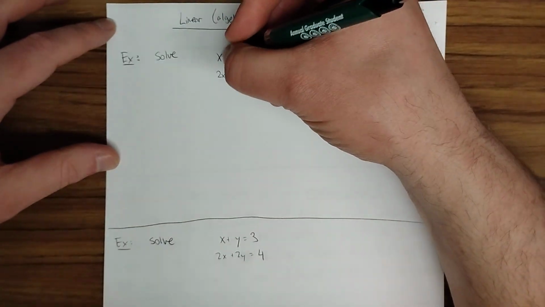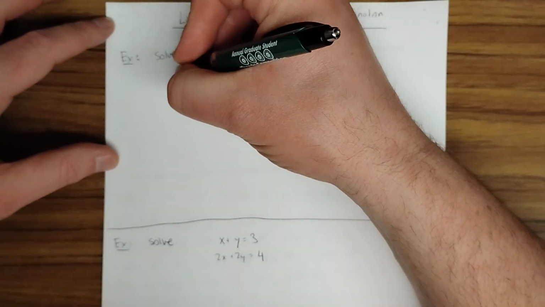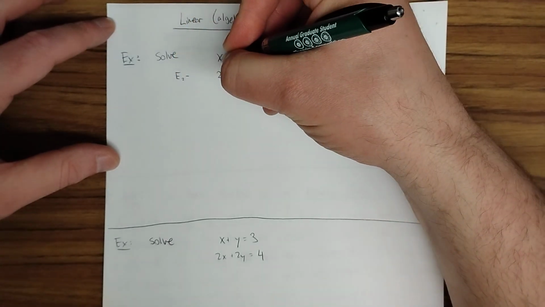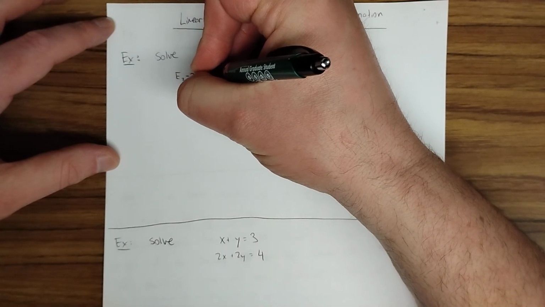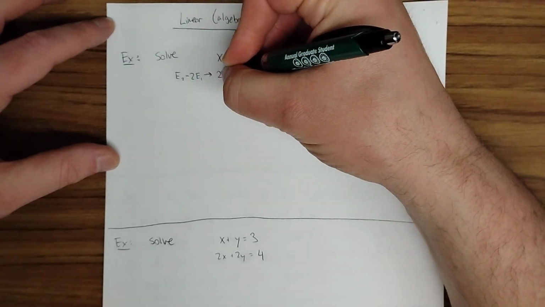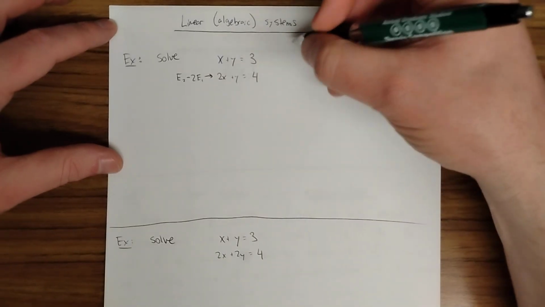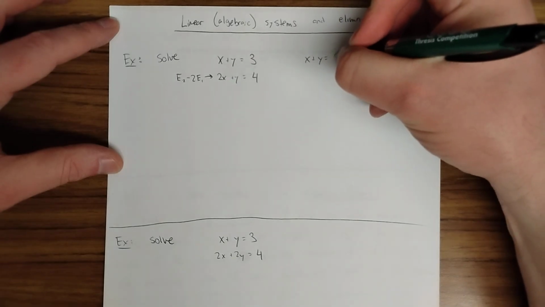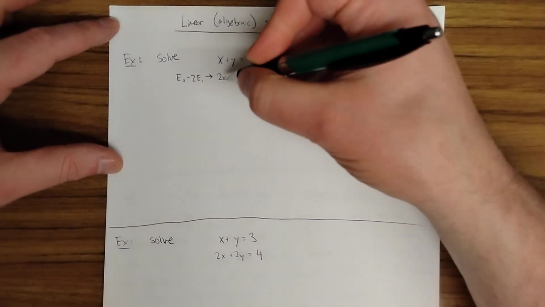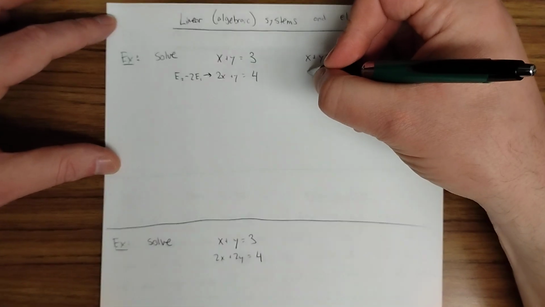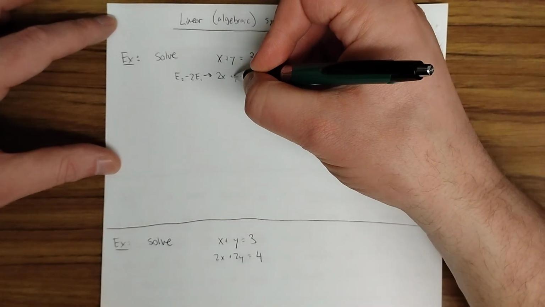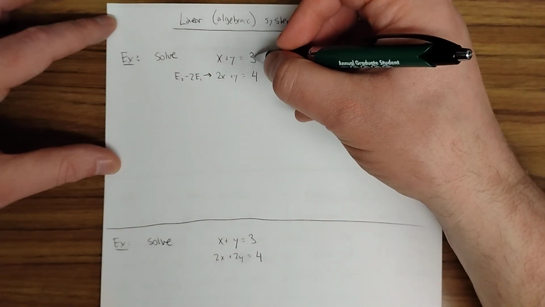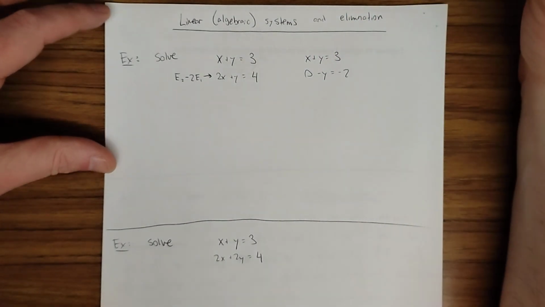Here I want to eliminate x from this one. So I'll call this equation 2, and I'll subtract 2 times equation 1, and I'll stick that here. Nothing happens on the first equation. 2x minus 2x is 0. y minus 2y is minus y. 4 minus 2 times 3 is negative 2.